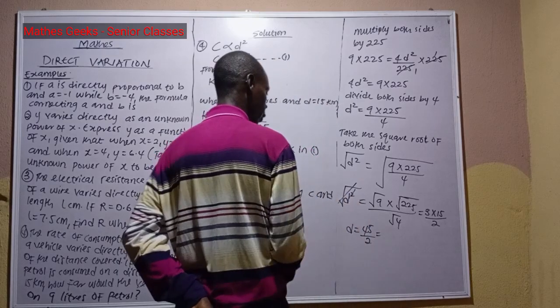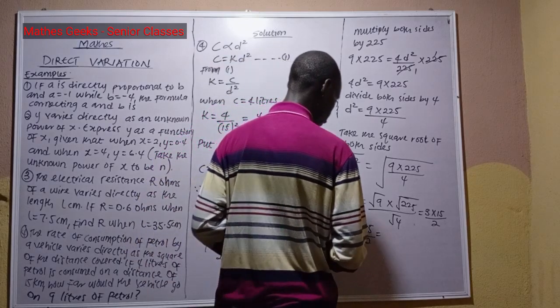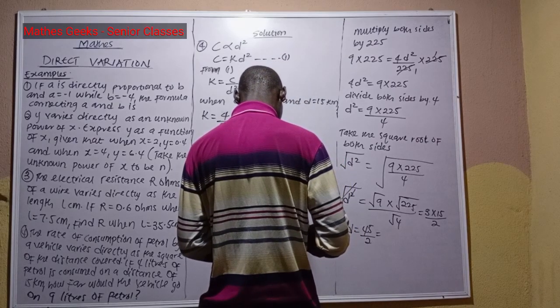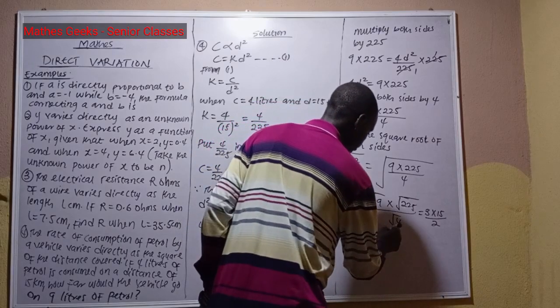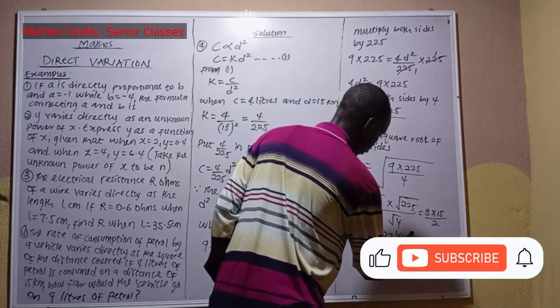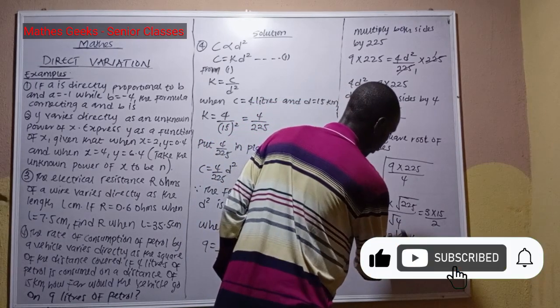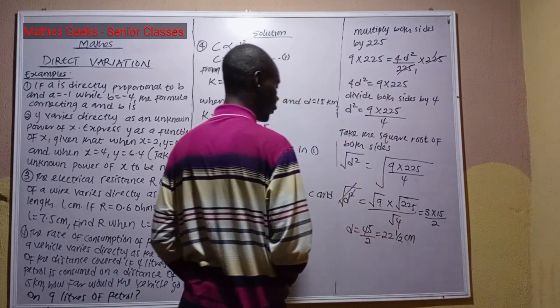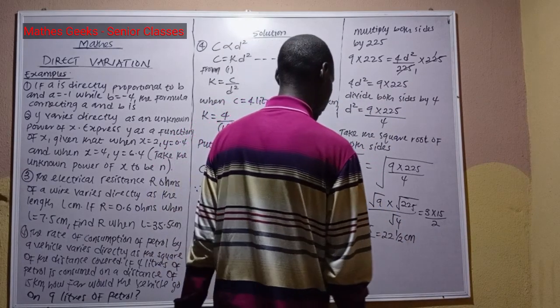So 45 divided by 2 will give us 22 and a half, 22.5 kilometers.